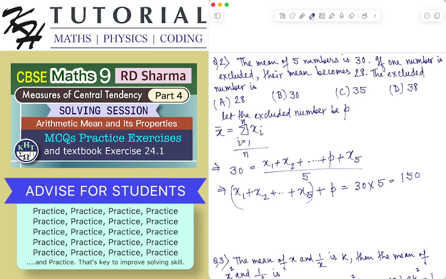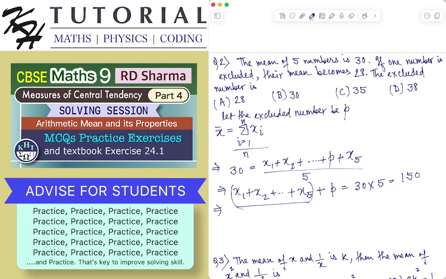Now if one number is excluded, their mean becomes 28. Now what is x1 plus x2 up to x5? In these observations the p has been excluded, because I have written p separately. So in x1 plus x2 up to x5, there are four observations.